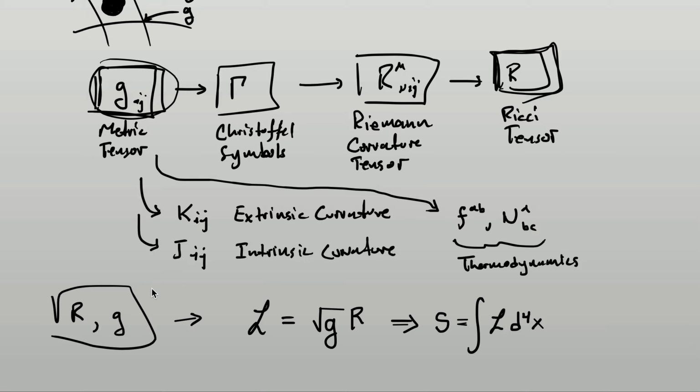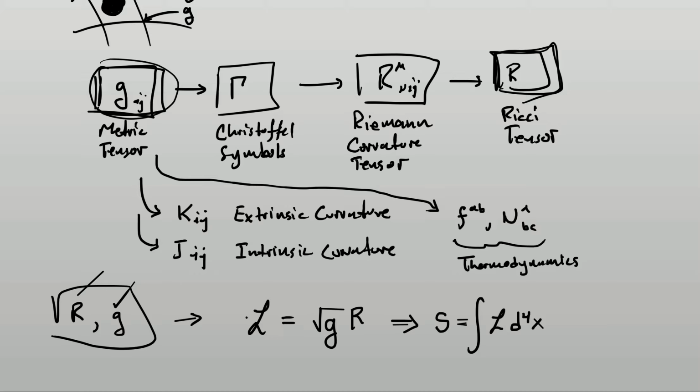All right, so I fixed this a little bit. So L here is the Lagrangian, this curvy L right here, and we see that once we know G and once we know R, then it's a straight shot to the Lagrangian, right? And if you don't know what the Lagrangian is yet, we'll cover that in later lectures.